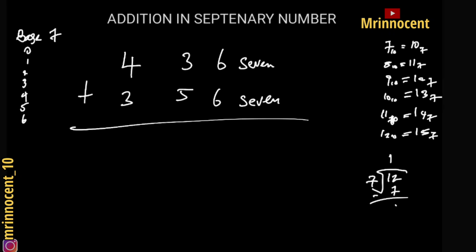Minus, you have 5, remainder 5. You write 5, and carry the 1 to the next.